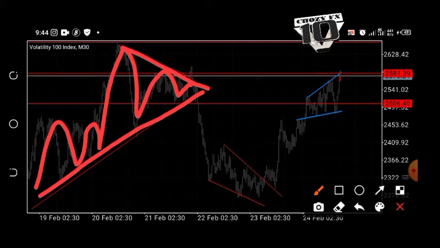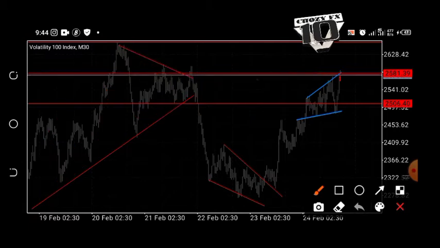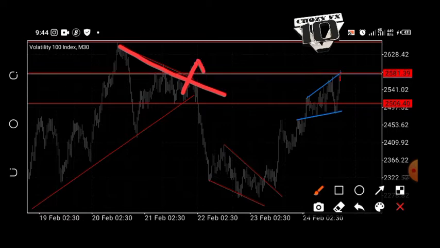So this on top, you can see that this line touching the other, and that when it broke all the way up, it failed. So normally when it fails and goes back into the range, it will either stay in the range, or when you see it going back down, it can come, fail to retest this line, and then continue going up, right?